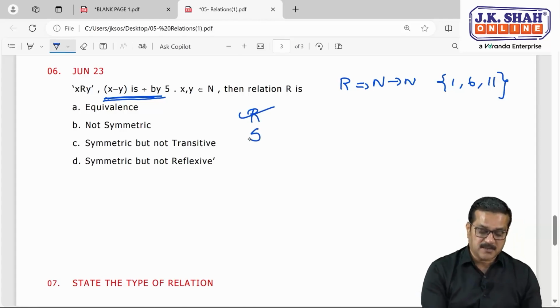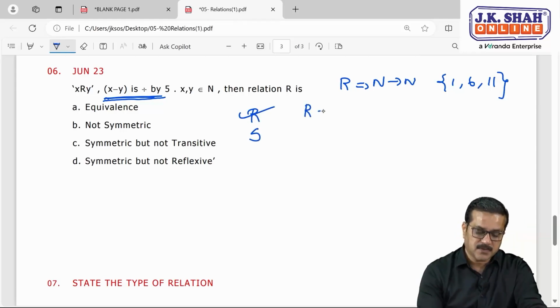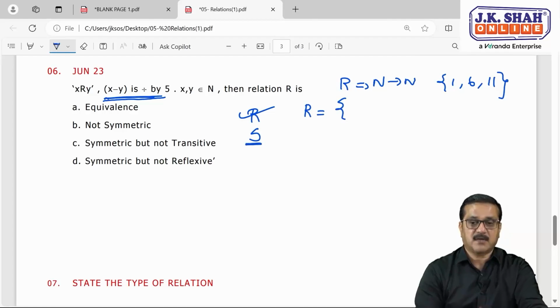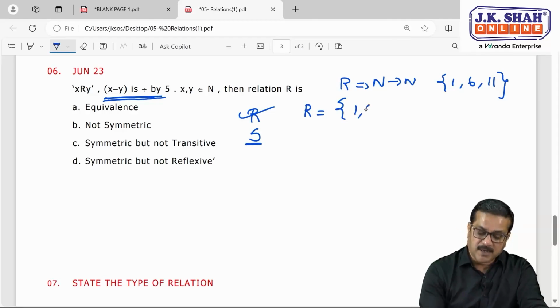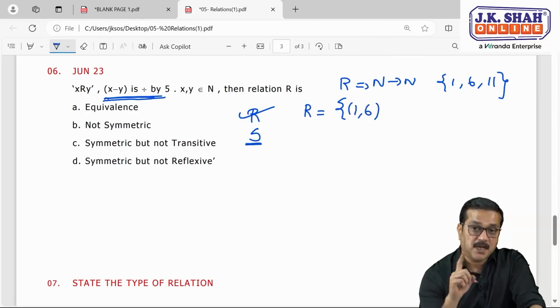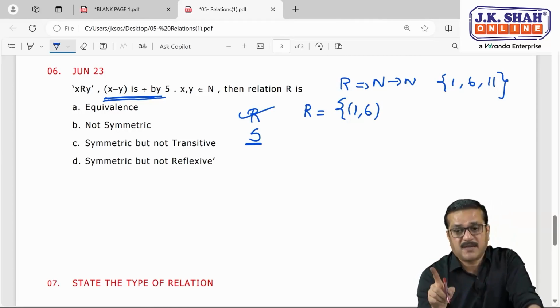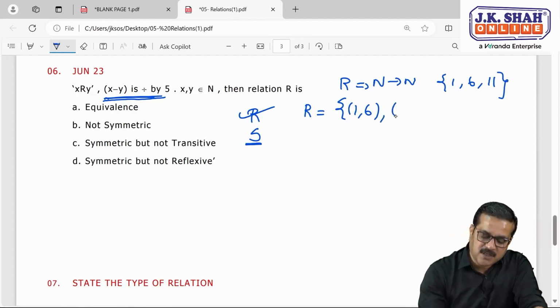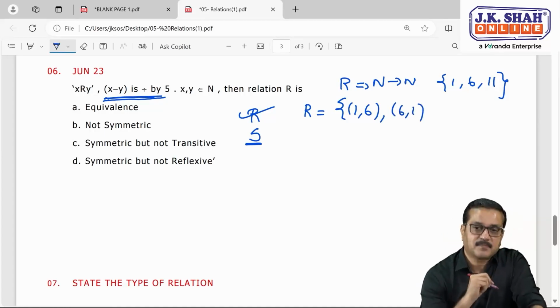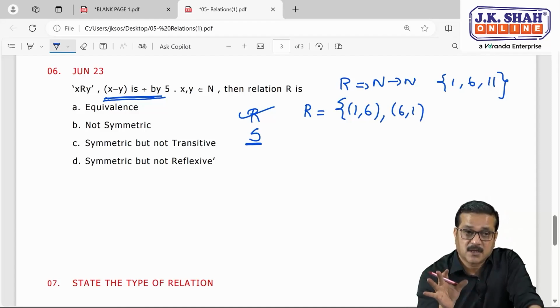Now come to symmetricity. With that in the viewpoint, take 1, 6. First ask, can 1, 6 be there? Yes, because 1 minus 6, minus 5, is very well divisible by 5. If 1, 6 is inside, then 6, 1 must also be there, and I'm not even going to test the condition.